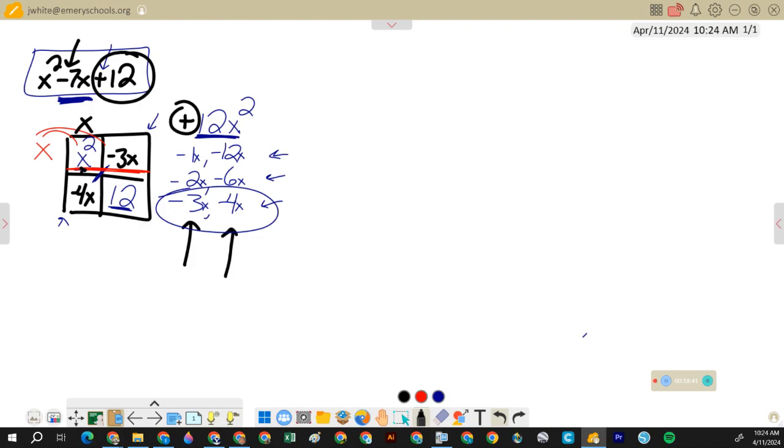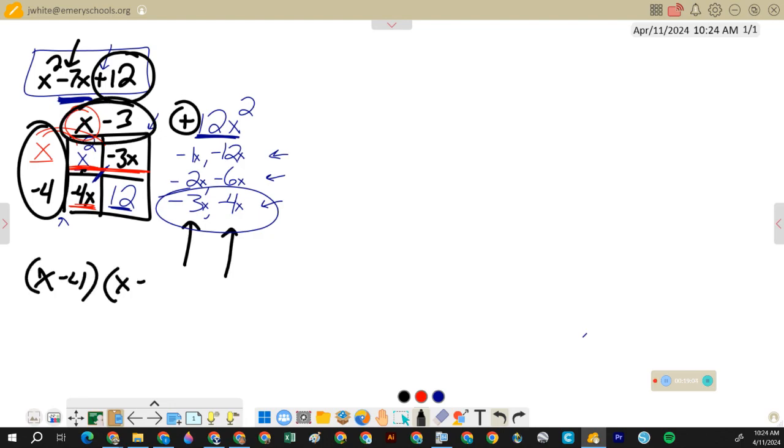When I yank out an x from negative 3x, what's left? Negative 3. And now I'm going to yank this x out of these, which that one's already done. When I take an x out of negative 4x, what's left? Negative 4. This is one of my factors, x minus 4. And this is my other factor, x minus 3.